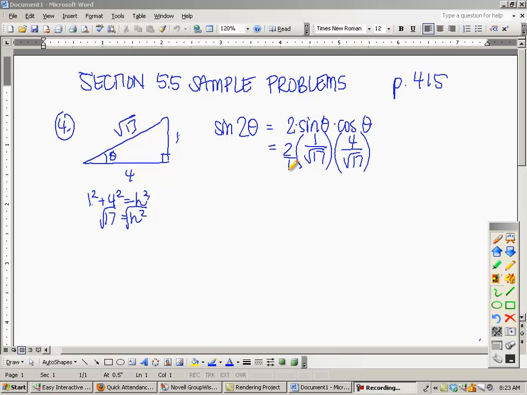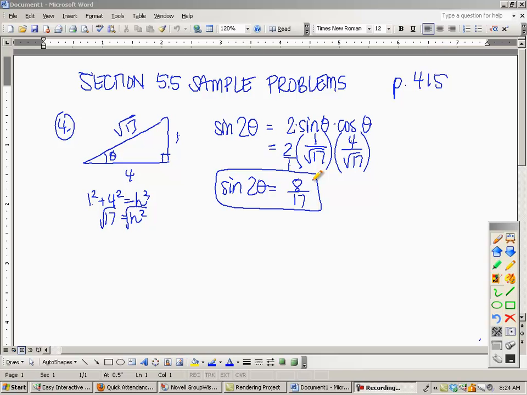So this is like saying 2 over 1. Let's multiply the numerators: 2 times 1 times 4 is 8. In the denominator, the square root of 17 times the square root of 17 is just 17. So the sine of my double angle is just 8 over 17. Pretty nice. So that's the first one that you want to look at.